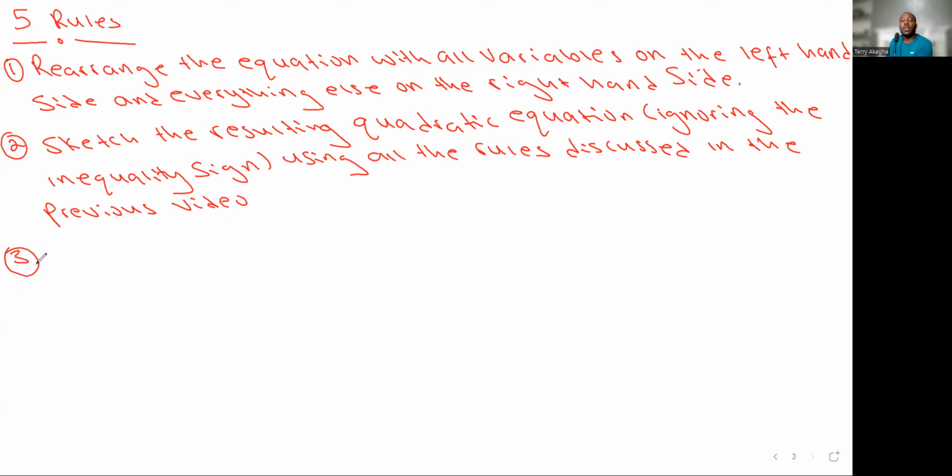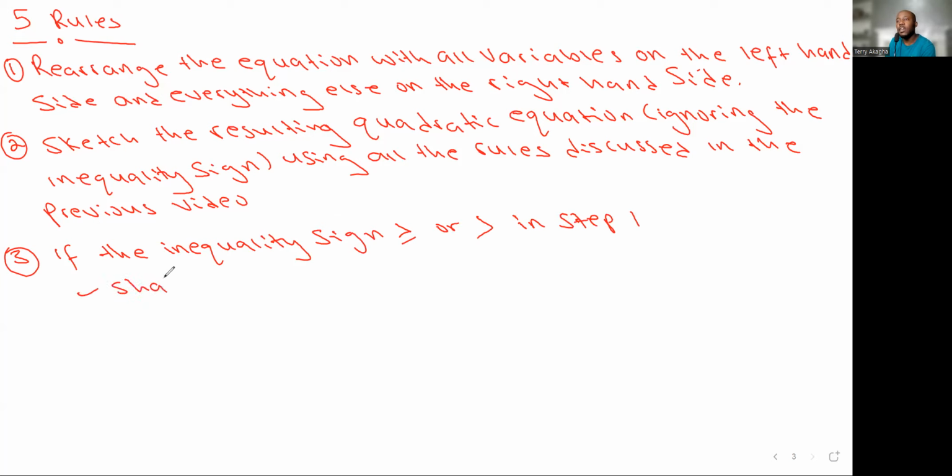Then number 3, if the inequality sign is greater than or equal to or greater than in step 1, you shade the parabola above the x-axis.